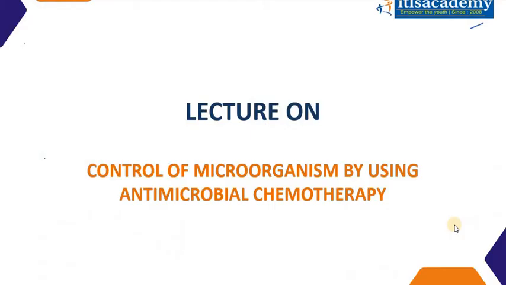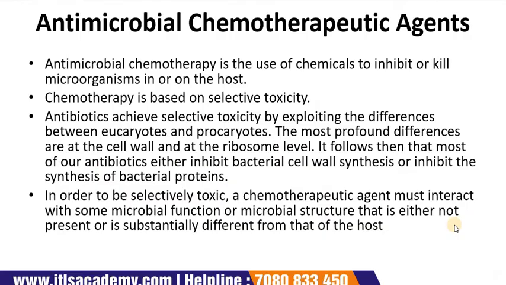Today's lecture is on the topic control of microorganisms by using antimicrobial chemotherapy. So let's start our lecture with the antimicrobial chemotherapeutic agent. Antimicrobial chemotherapy is the use of chemicals to inhibit or kill the microorganism in or on the host surface.